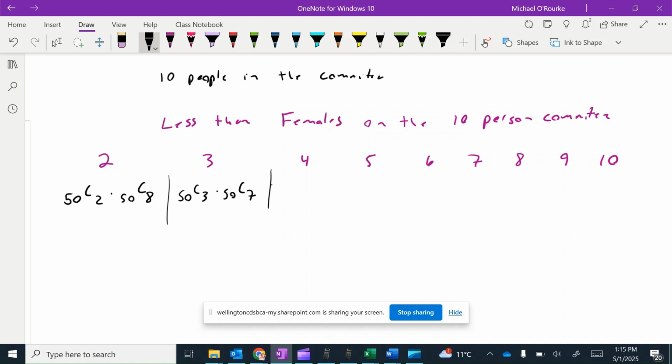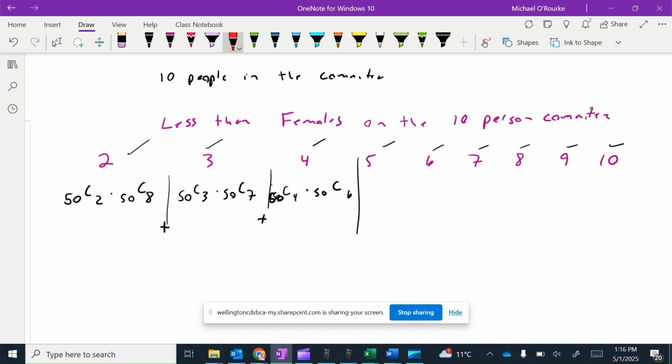Then this will all be added together, and we have to go all the way up. We go 50C4 times 50C6. And we have to do 1, 2, 3, 4, 5, 6, 7, 8, 9 calculations. So a total of 9 calculations.